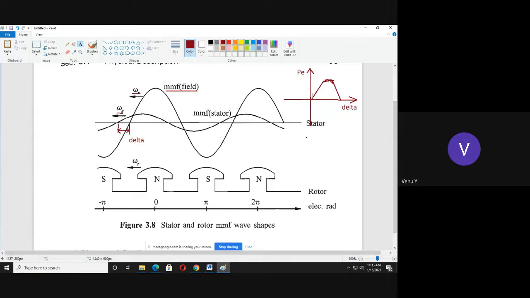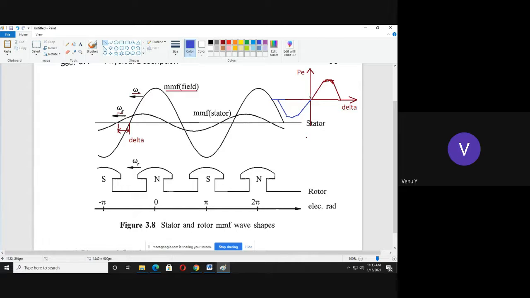So this is positive. Delta is positive. All right. If it is motor, it will be here, this side. Okay.